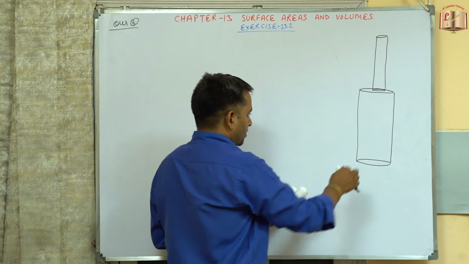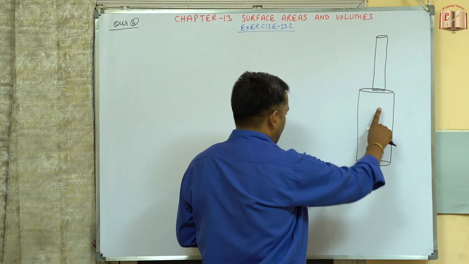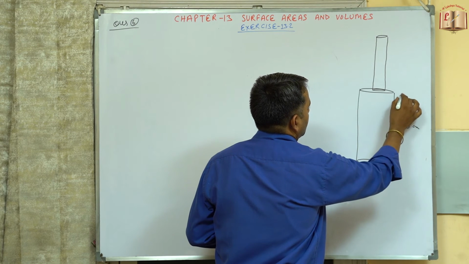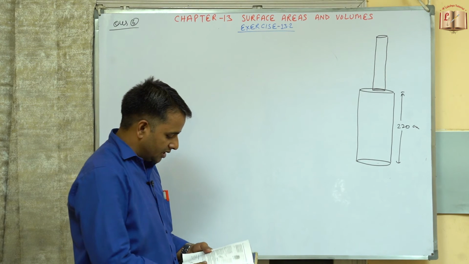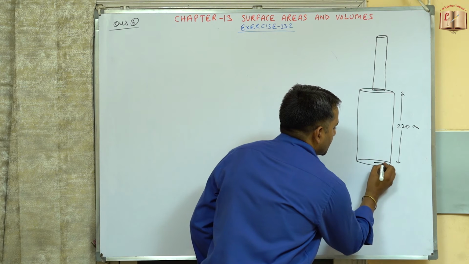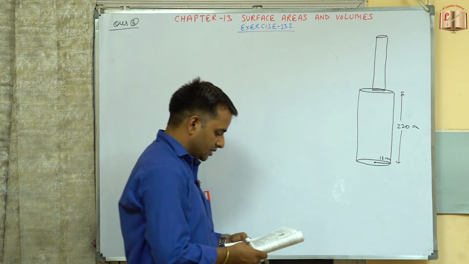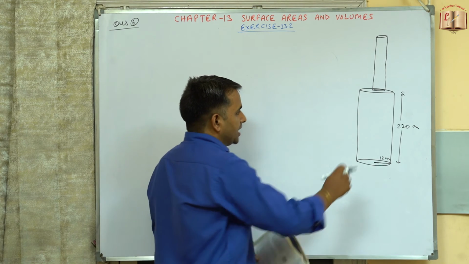So a solid iron pole consists of a cylinder of height 220. So this height is given to us, this is 220. So height of this bigger dia cylinder is given. This is 220 centimeter and base dia is 24. So radius will be 12 centimeter, which is surmounted by another cylinder of height 60 centimeter.